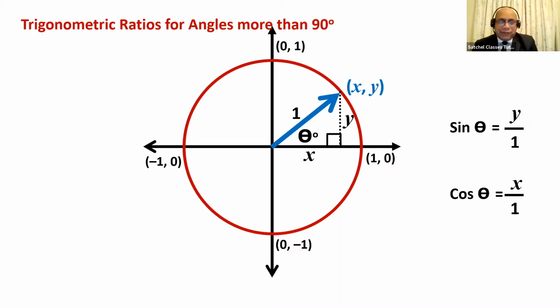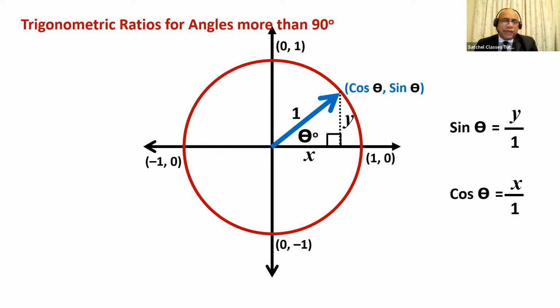As you can see, because the denominators of both the fractions are 1, you will end up getting y as sine theta and x as cos theta. So y equals sine theta and x equals cos theta. So I'll replace the coordinates of that point on the circle by cos theta and sine theta respectively, x by cos theta and y by sine theta.